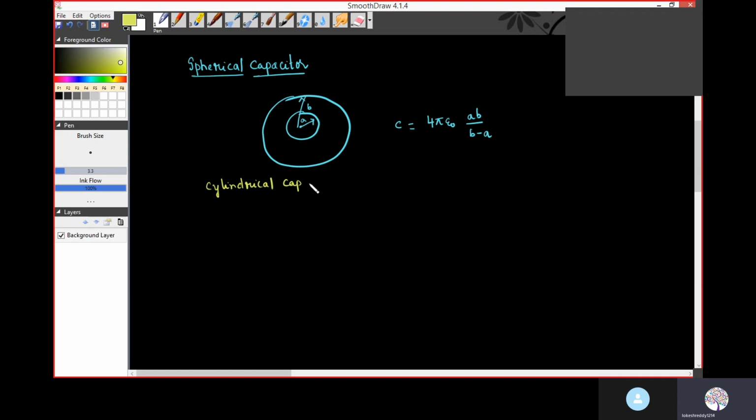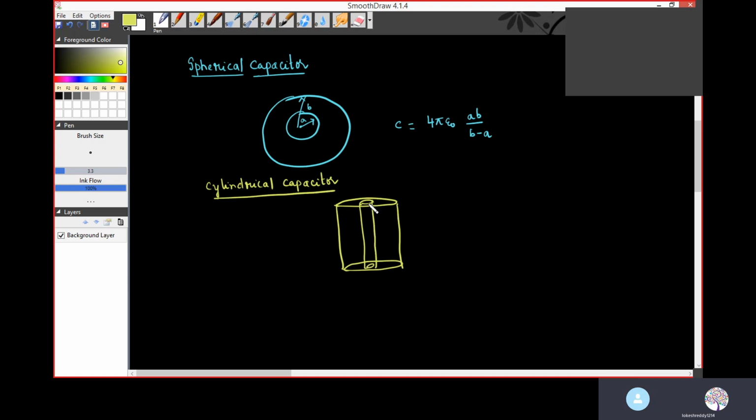Now next one is the cylindrical capacitor. In a cylindrical capacitor, you will have two cylinders. This is one, and this is another one.